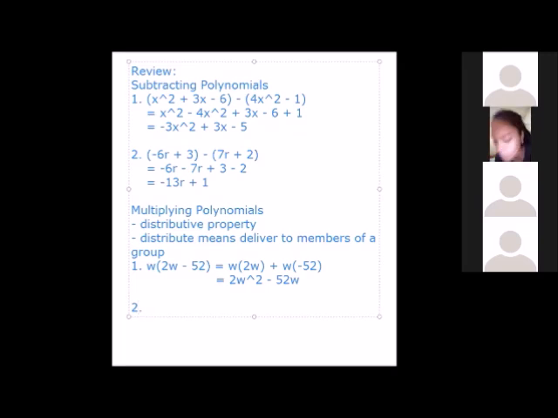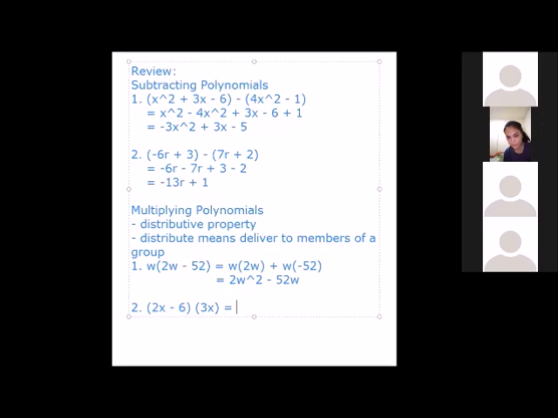2x minus 6 times 3x. So it means 3x distributed to 2x and negative 6.